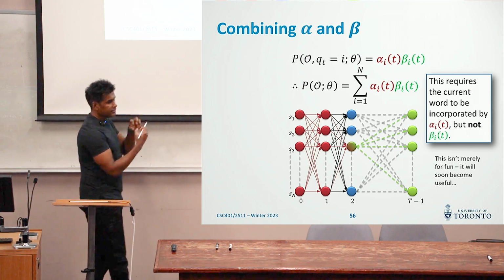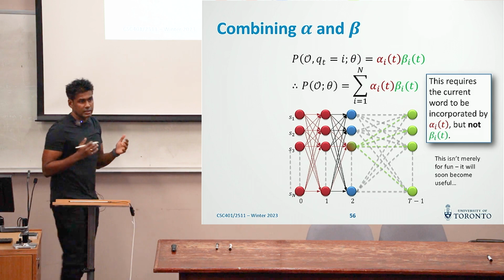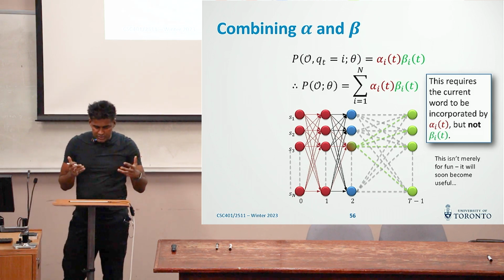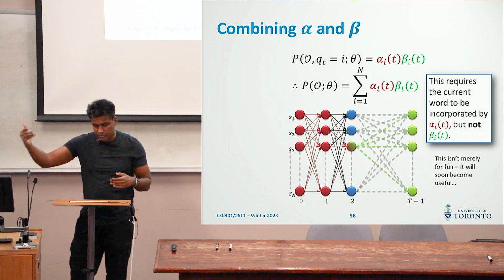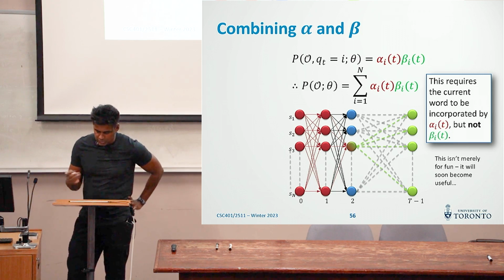But if you combine alpha and beta, you can use any time step: alpha_t(i) times beta_t(i) gives you the observation likelihood, okay? That is the main advantage of combining alpha and beta, and we can use this in solving other tasks that we'll see.